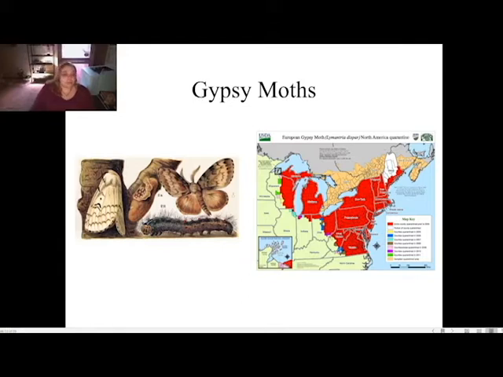So you can see all of these red counties on this map are areas that are quarantined completely. And then other ones are ones that were quarantined previously or are quarantined in only part of the county. But there are a ton of counties that are in quarantine for this insect, so they have to have specific agreements with the USDA.